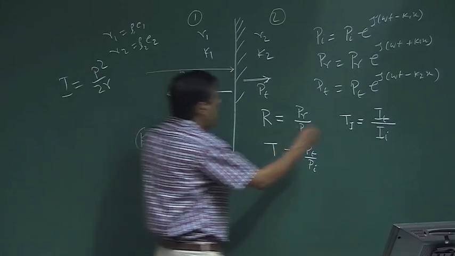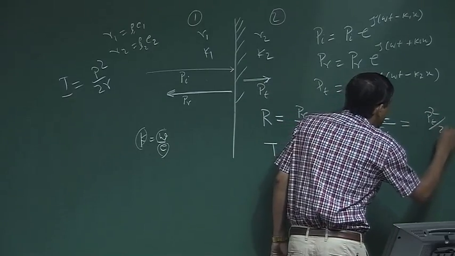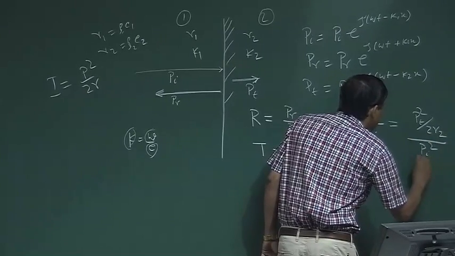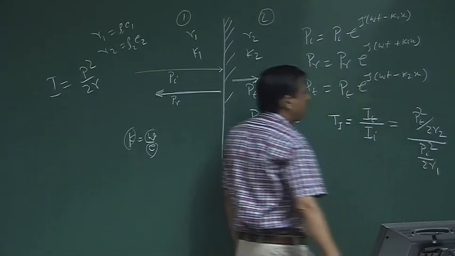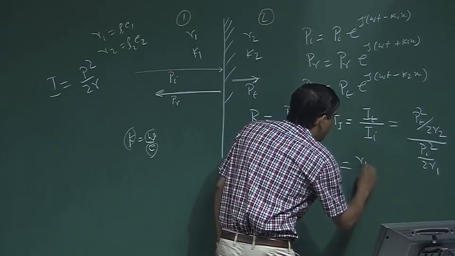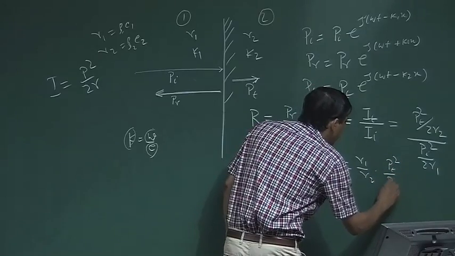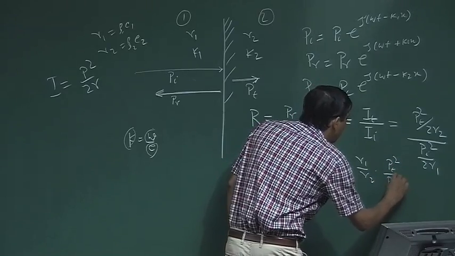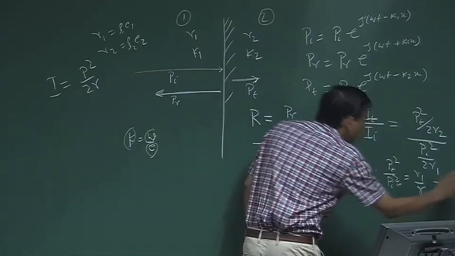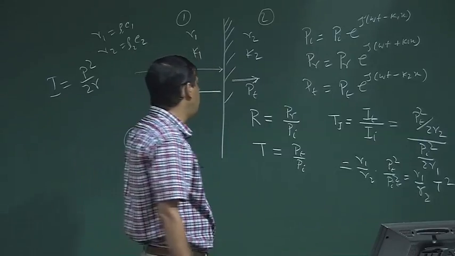So It is Pt square divided by 2r2, divided by Pi square divided by 2r1. This is r1 by r2 into Pt square by Pi square, which is r1 by r2 into T square, where T is the pressure coefficient.